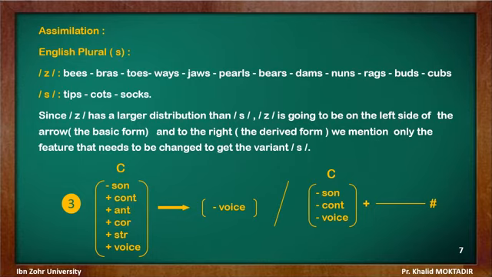And it is preceded by a consonant, which is minus sonorant, minus continuant, minus voice. In other words, the rule is saying the voiced plural form becomes voiceless when it is preceded by a voiceless stop.